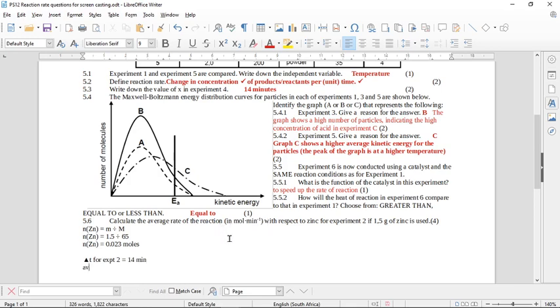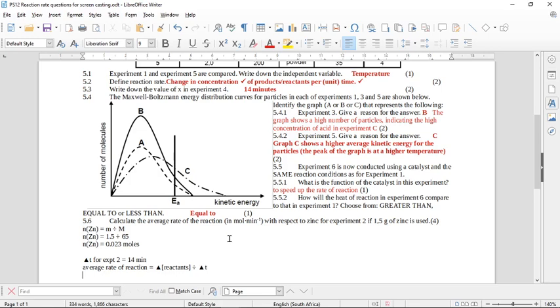So average rate of reaction is the change in concentration of reactants. Okay, the change delta. You struggle with the delta here. The change in concentration of reactants over the change in time.